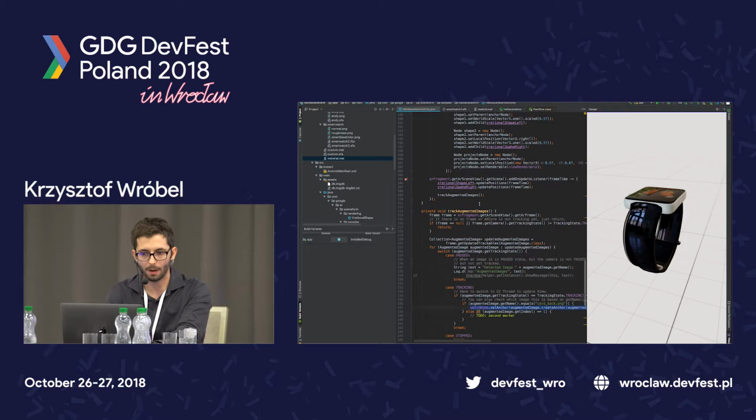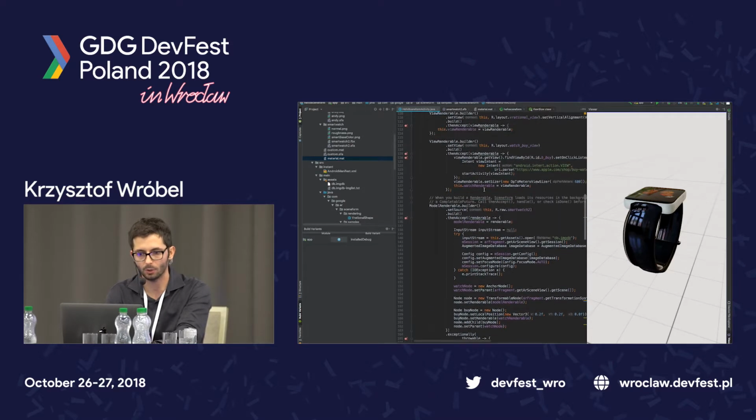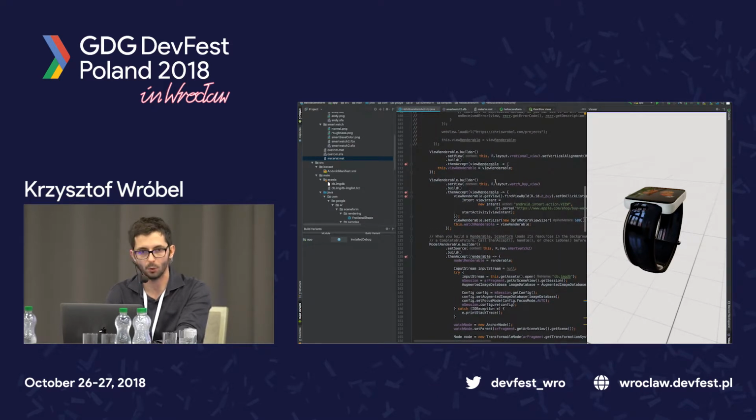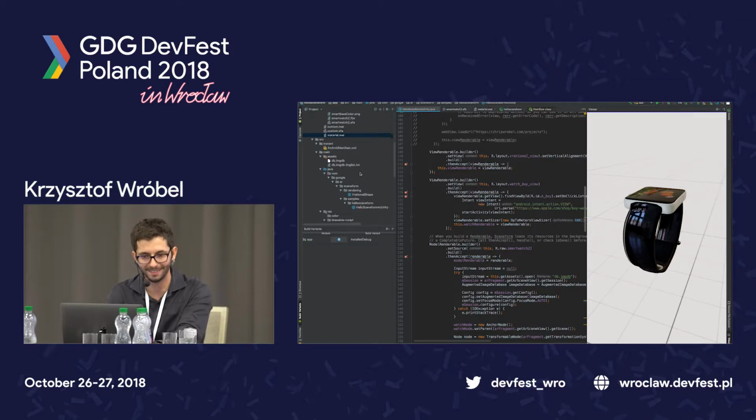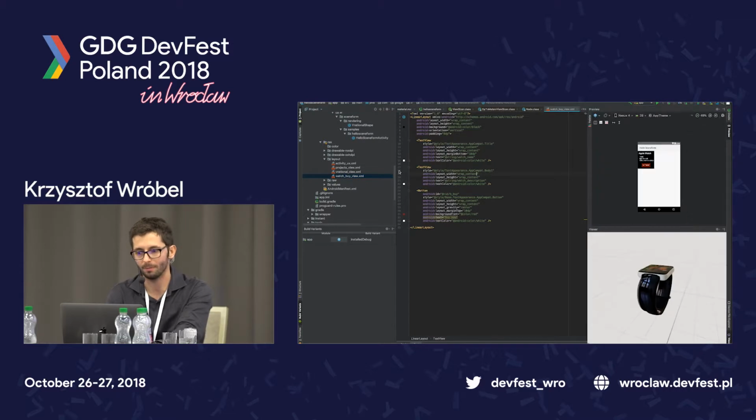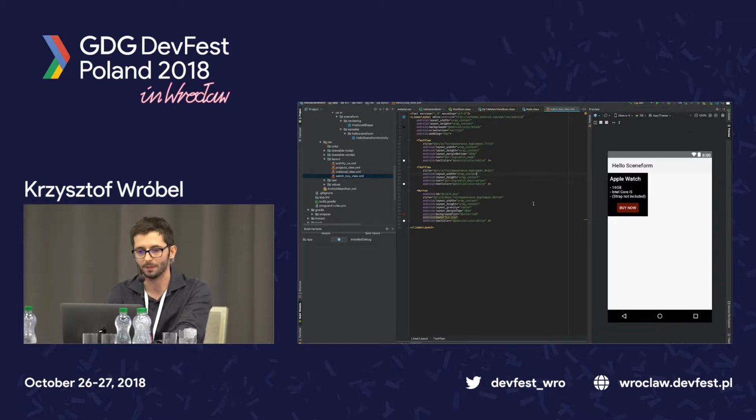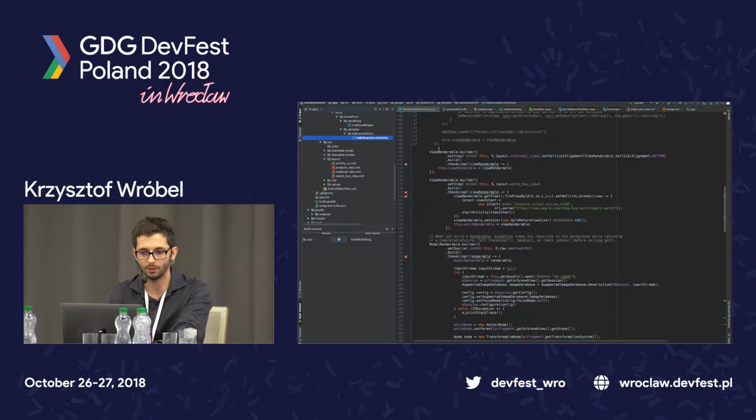Okay, so that's all about the watch. Next to the watch, you could have seen this view. This view is made using a simple layout, watch by view XML, which most of you are probably familiar with. This is a regular XML file, a simple view which you make traditionally, but thanks to the Sceneform SDK, you can load it.